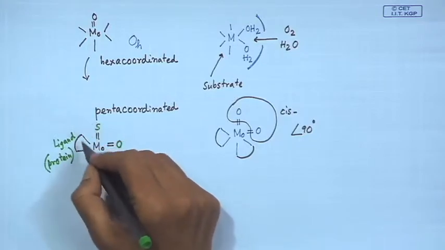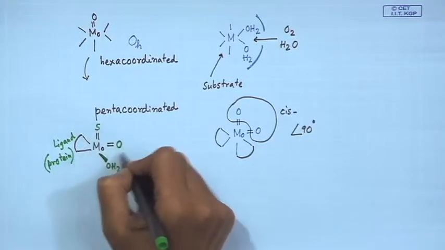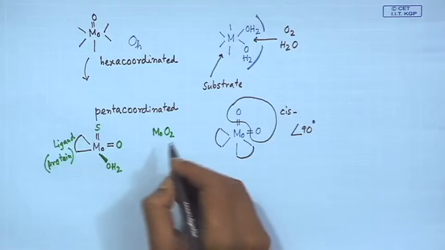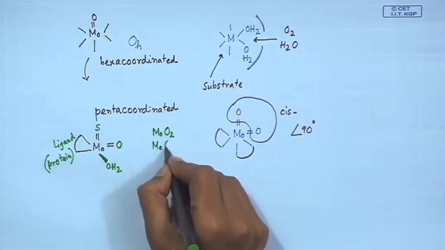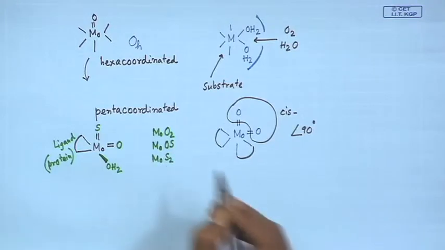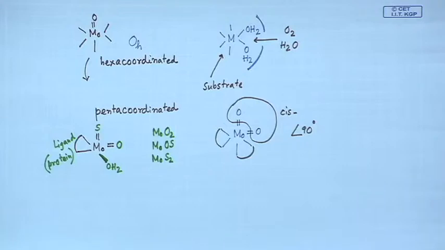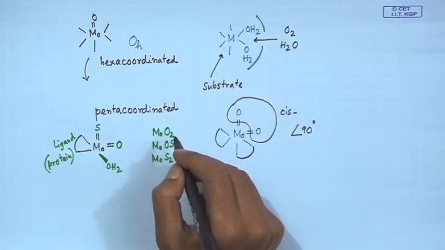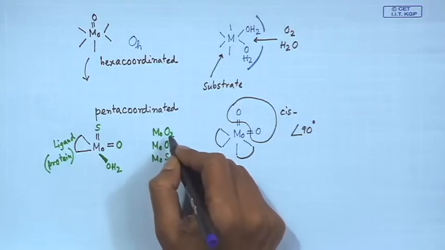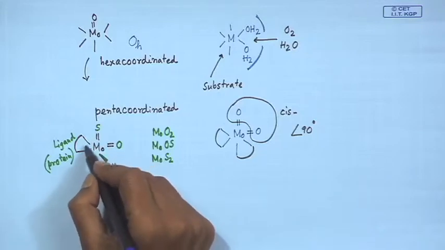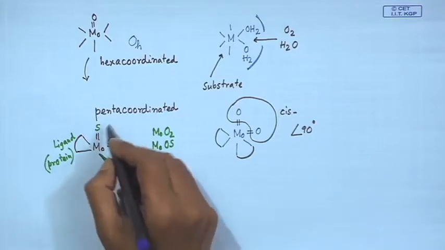Now there should be some balance in the formation of these, whether we get a system which is MoO2 based, MoOS based or MoS2 based. Depending upon the groups attached to the molybdenum center and their electrophilicity on the oxygen and sulfur, that means the electron density available on the molybdenum center, we can control the reactivity pattern on this molybdenum center.